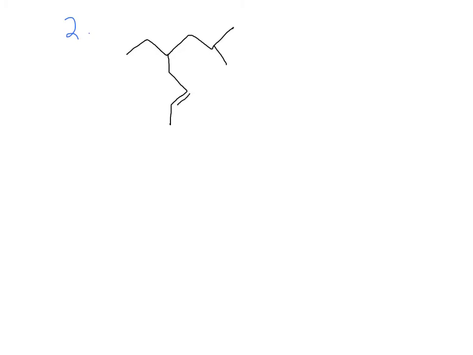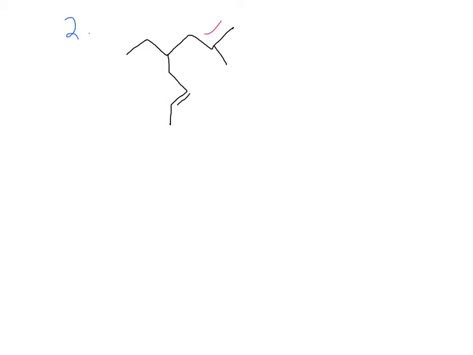So we're not going to be looking for methyl and ethyl and how to get the numbering for those substituent groups lowest. Instead, we're going to look at the double bond because that will dictate the numbering in the main chain.